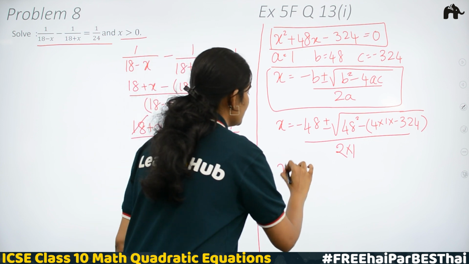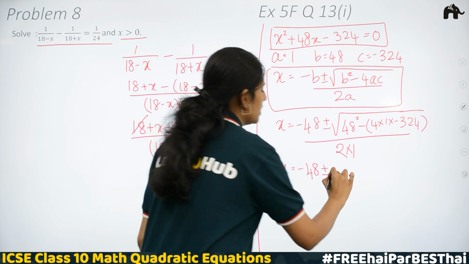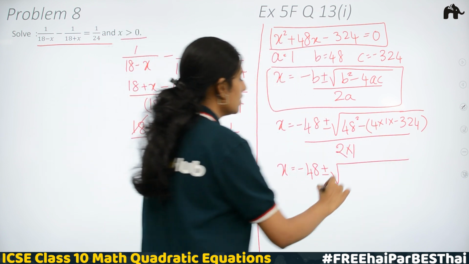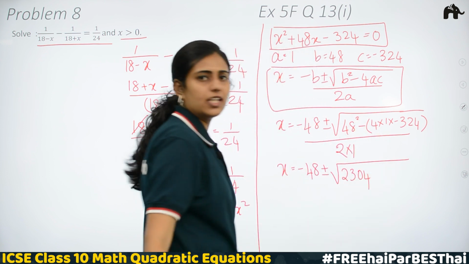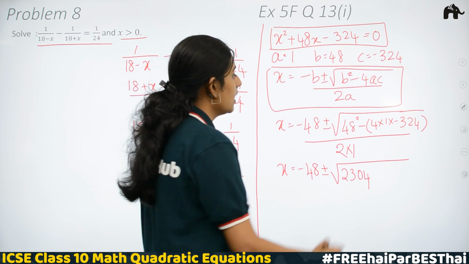Okay. Then x is equal to minus 48 plus or minus root of 48 square, you will be getting 2304. When you multiply, 48 into 48 is 2304.